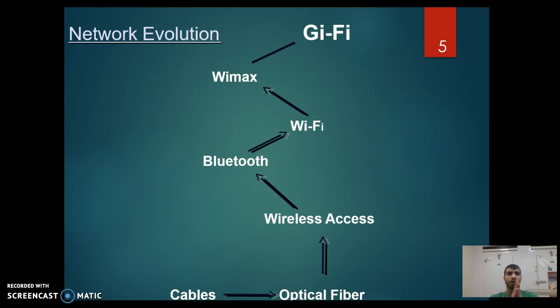Not everyone knows what WiMAX means, but it is used in some areas as the highest technology right now. And we are giving you the new technology called G-Fi, the highest technology. So this is just the evolution of what is going on.